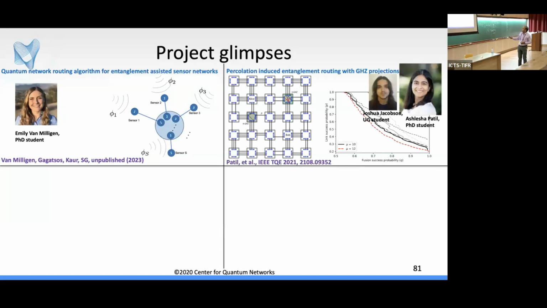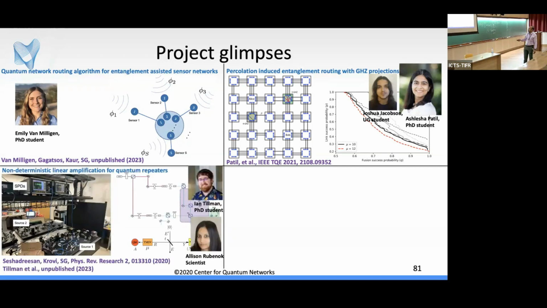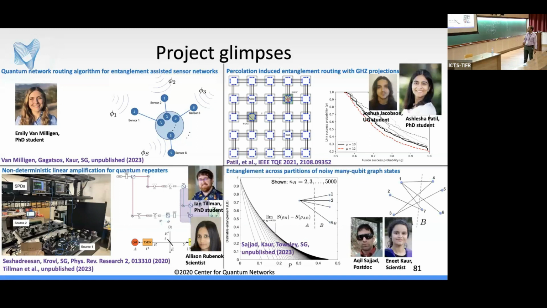Then if the network is allowed to make multi-qubit measurements at every site, not just Bell measurements, then you can be in a regime where you could generate entanglement much more efficiently across the network using percolation theory ideas. We are building a non-deterministic linear amplifier using what is called a quantum scissor that again uses SPDC sources, linear optics, and photon detection to build continuous-variable quantum repeaters. In theory, we are looking at entanglement across bipartitions of noisy many-qubit entangled states.